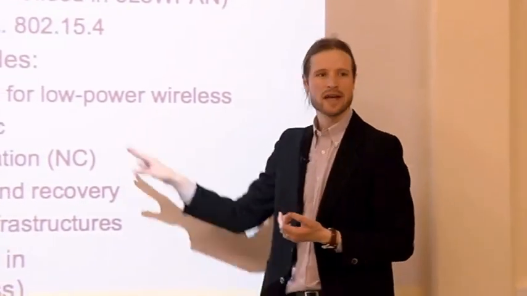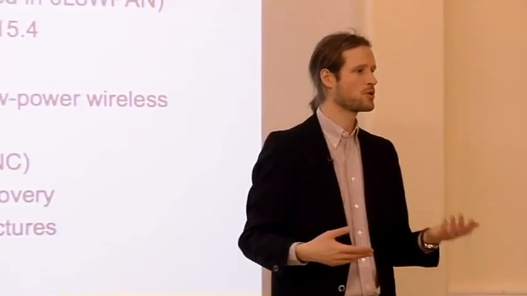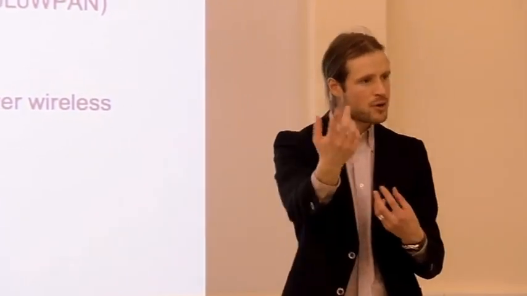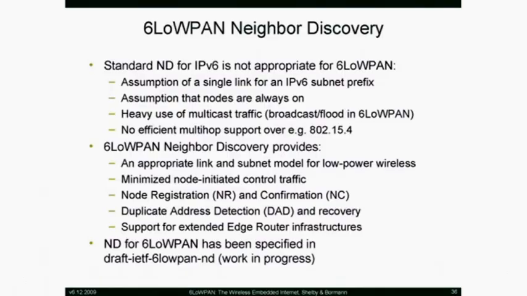Doing that, we enabled all the things you need to do to make these networks work: neighbor unreachability detection, duplicate address detection, as well as enabling address resolution. We basically bundled all these things into a simple registration message. This is how neighbor discovery for this type of network works.